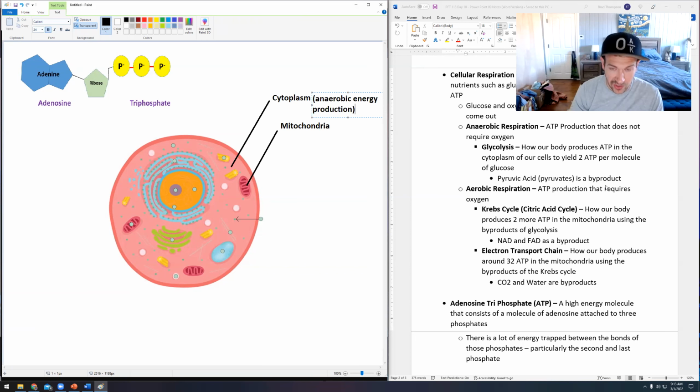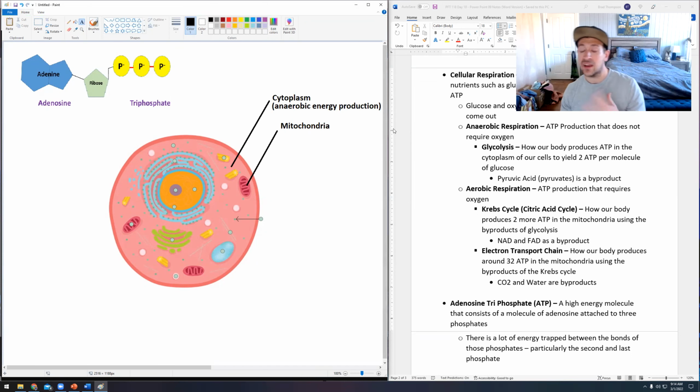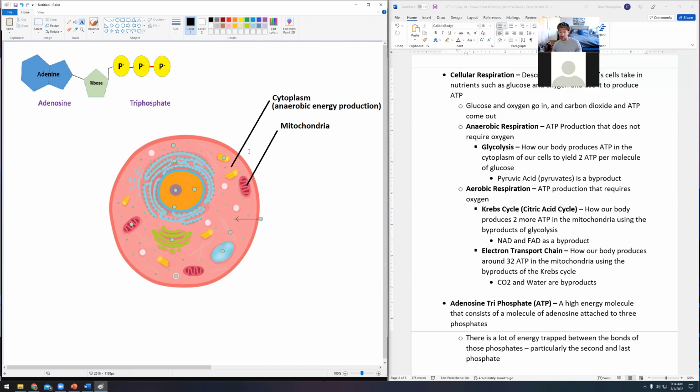This is where we are actually doing the anaerobic metabolism. So this is one of the places where we produce energy. There we go. So that's anaerobic, right? And anaerobic means without oxygen, which is pretty easy to remember if you look at this and go, oh, okay, yeah, that's happening in the fluid.